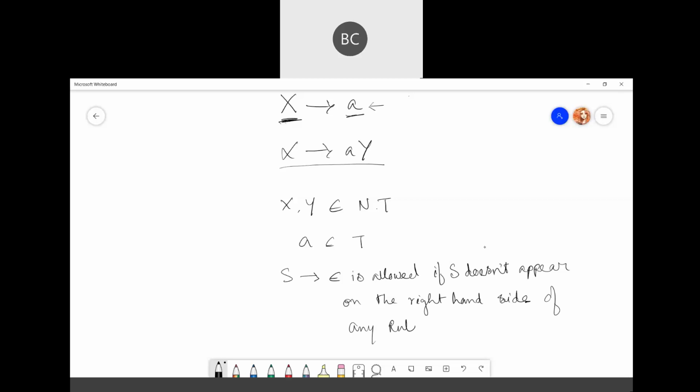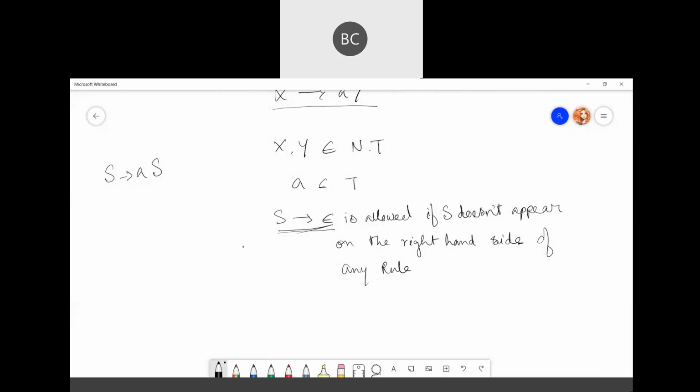Okay. So in your regular grammar, you will find this production only when S does not appear on the right hand side. For example, in some places you will see S on the right, and in these cases this one is not allowed. So this rule is allowed if S does not appear on the right hand side.